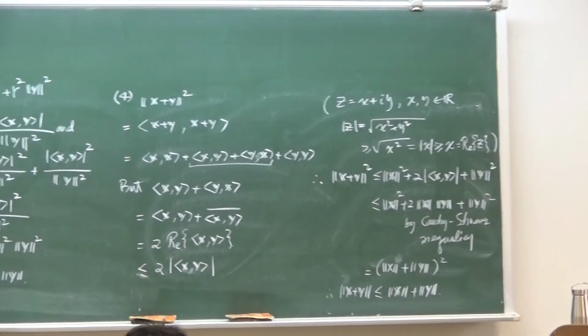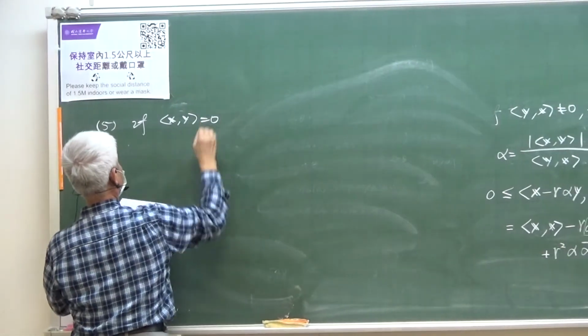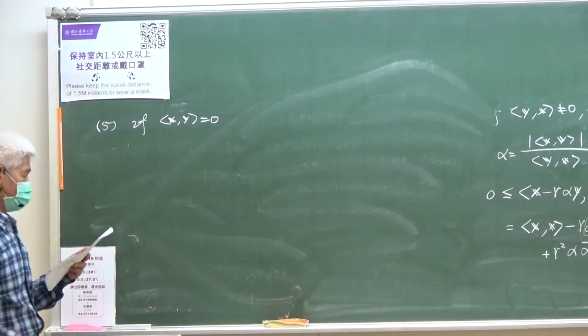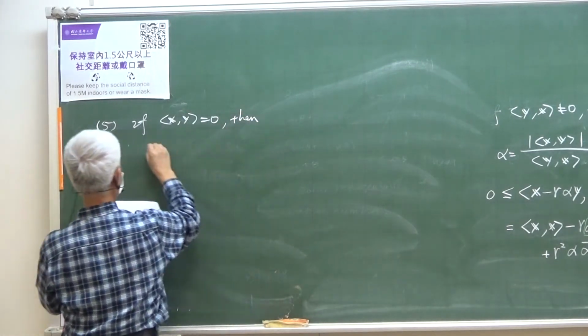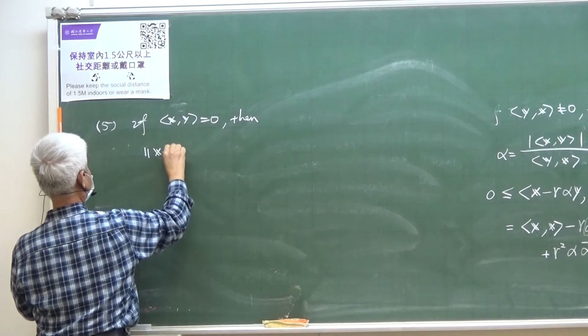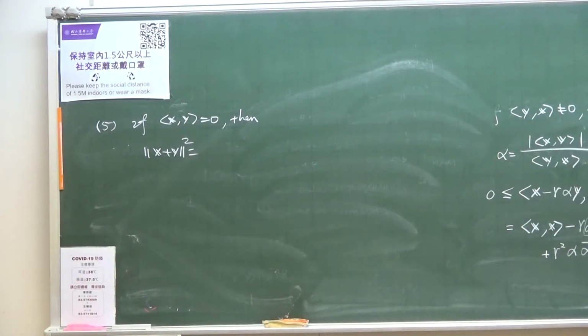The fifth item. If x and y are orthogonal, then again by expansion. Because they are orthogonal, the middle two terms are zeros.